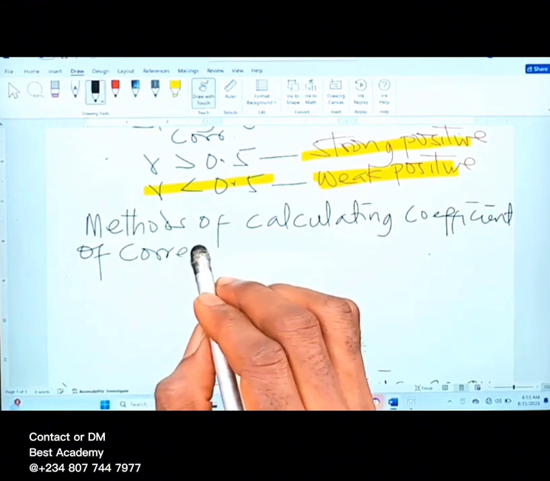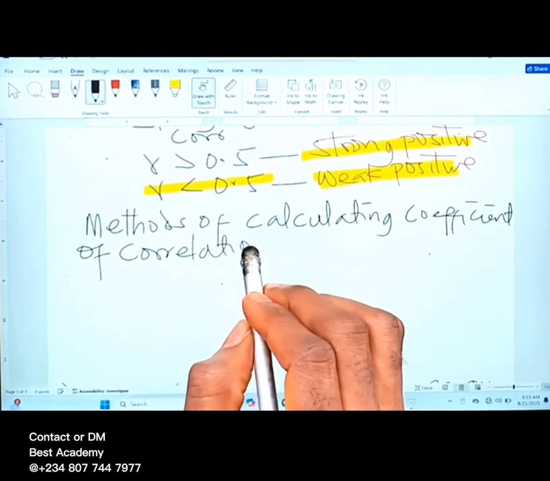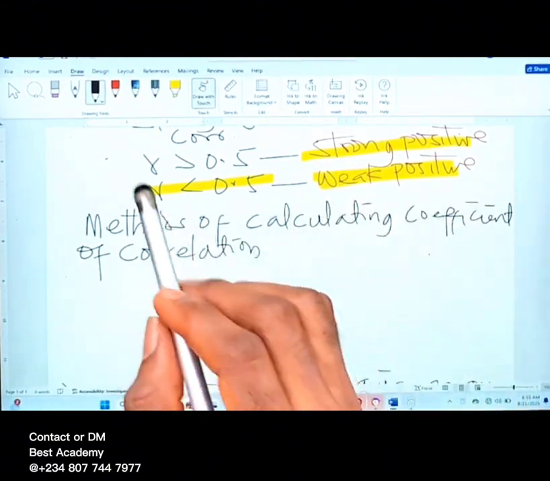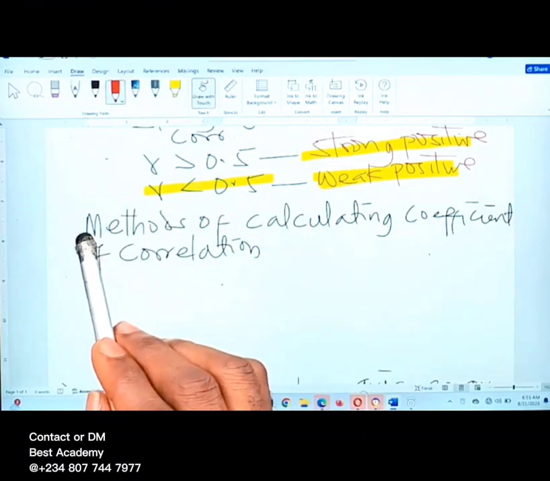Method of calculating coefficients of correlation.